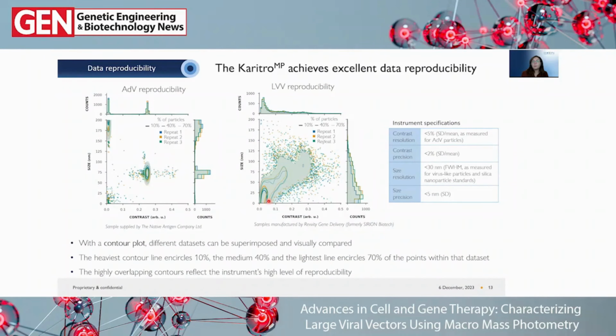So in the thickest line in here, you have 10% of your data points enclosed by these lines. And enclosed by the, let's say, medium line, you have 40% of your data. And in the lightest line, you have about 70% of your data inside of the contour.